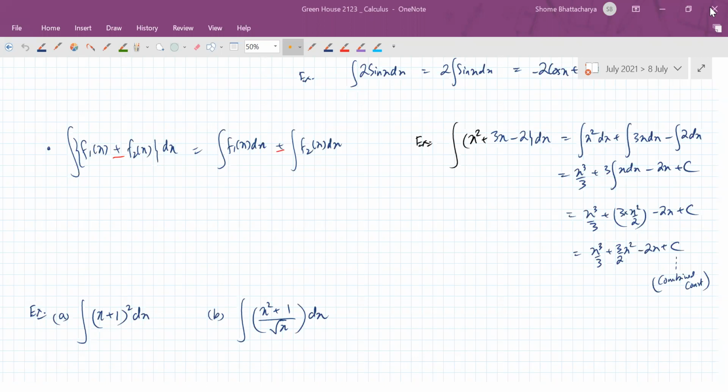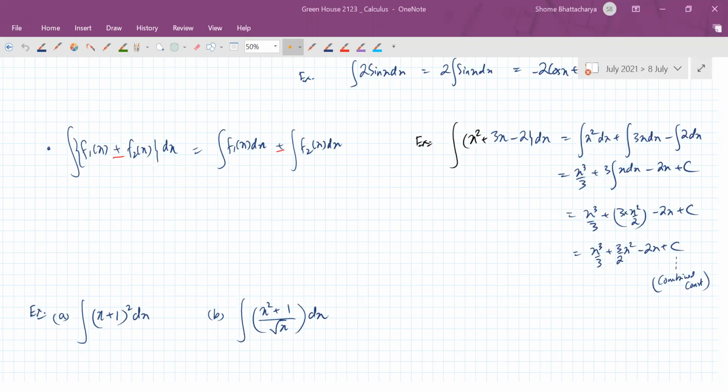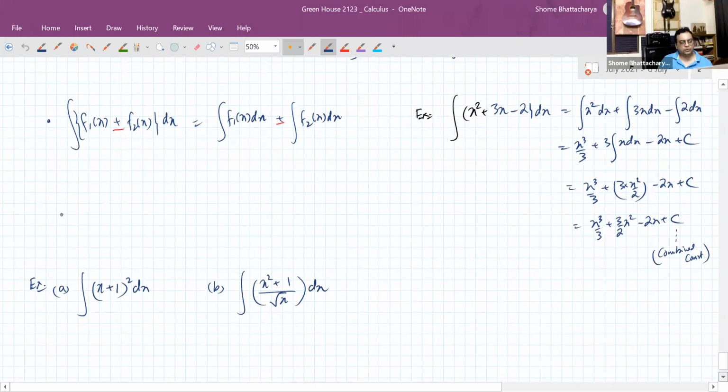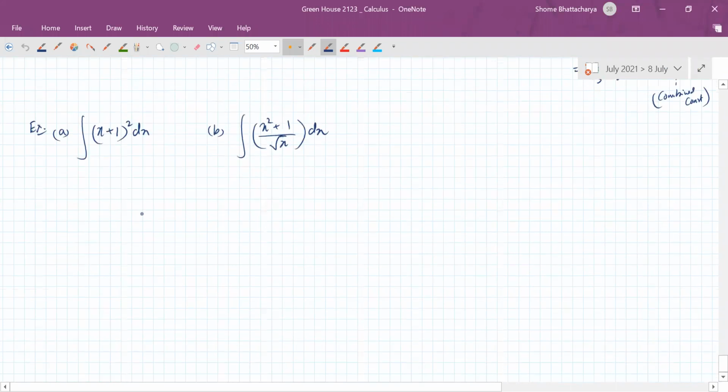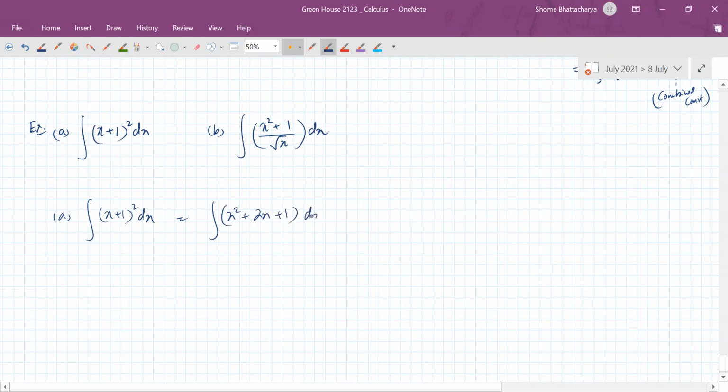So what about the first question? Got it, everyone? Okay, very good. You have the whole squared first, right? So this becomes x square plus 2x plus 1.